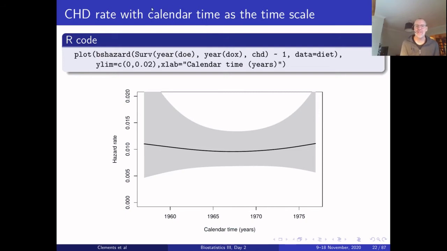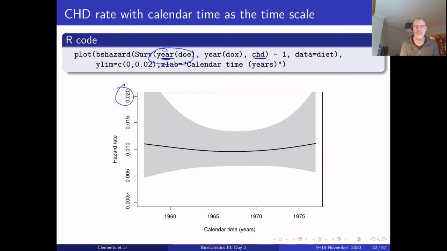If we look at calendar time, we have the year function, which I think is defined in the Biostat3 package, which takes the date and produces a continuous year: date of entry, date of exit, and CHD as the event indicator.